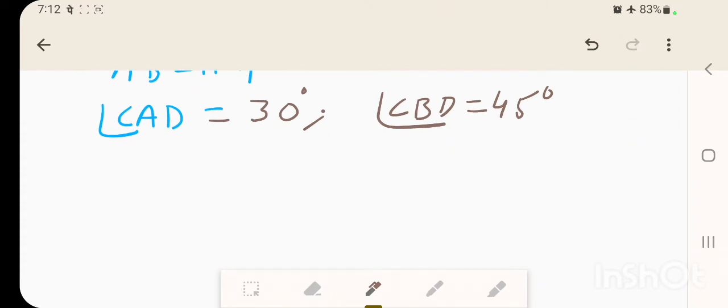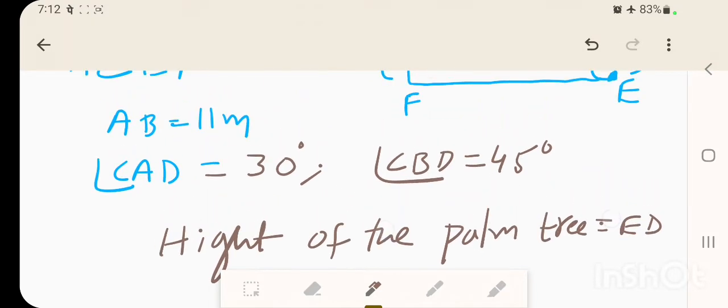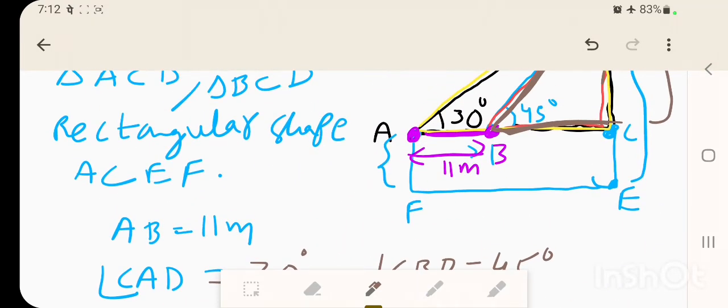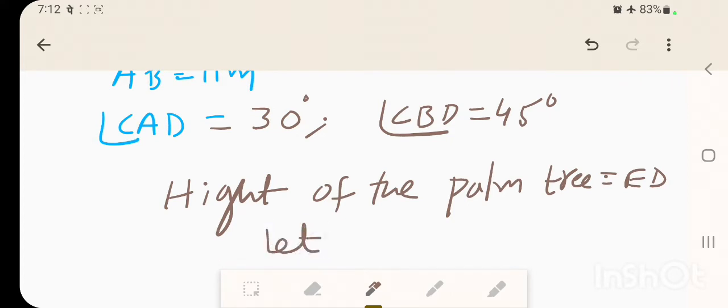Okay, right. So the height of the palm tree is the length of the straight line ED. And BC is the distance between the palm tree and the second location, point B. Suppose we take it as distance X. We are assuming BC is equal to X meters.